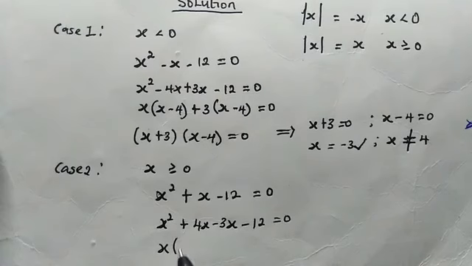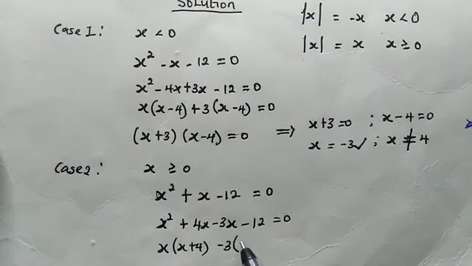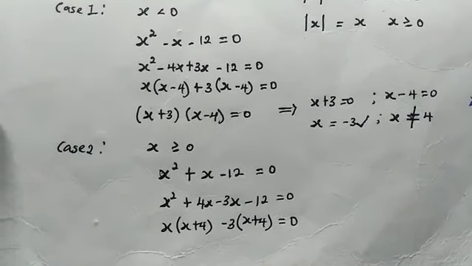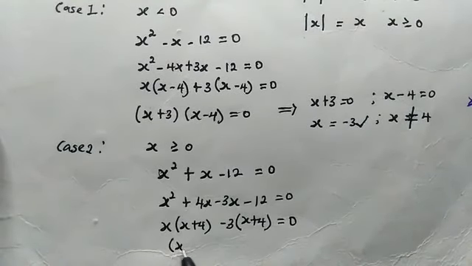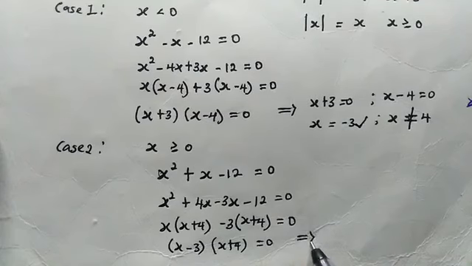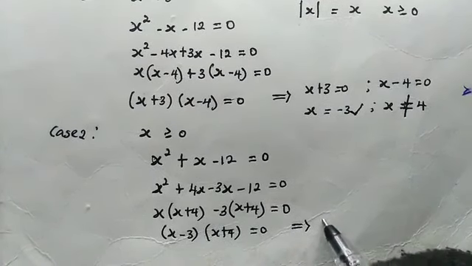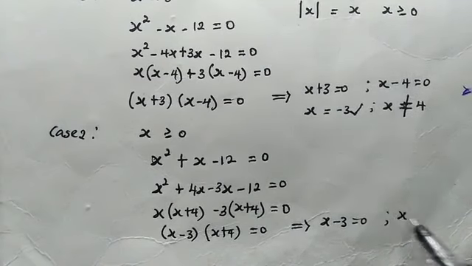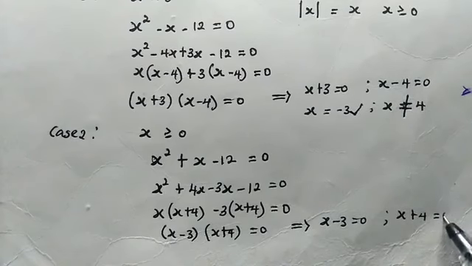We factor x plus 4, and we factor out negative 3, then x plus 4, equal to 0. So we factorize this as x minus 3 multiplied by x plus 4, equal to 0. This implies that x minus 3 is equal to 0, or x plus 4 is equal to 0.